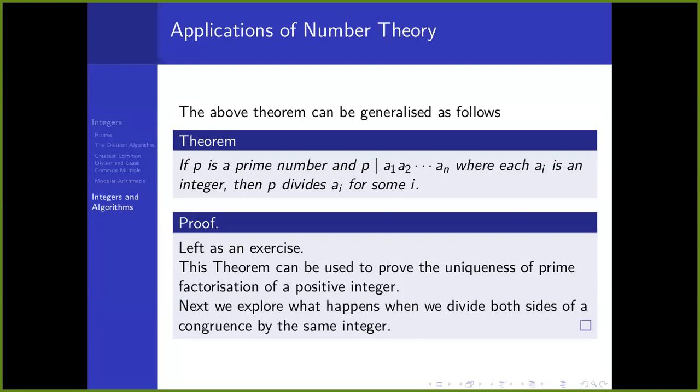There can be more, but there must be at least one of the integers that is divisible by P. So that's what this theorem says. The proof is left as an exercise to the hardworking students of SMA 108.